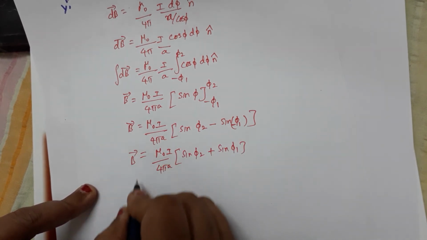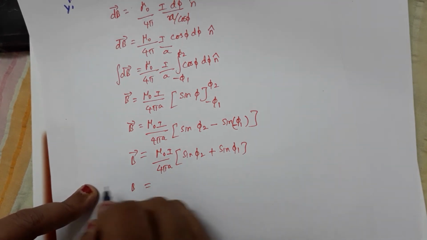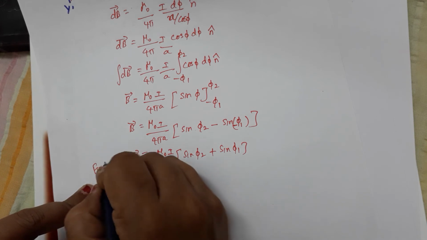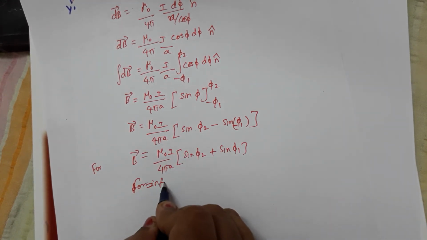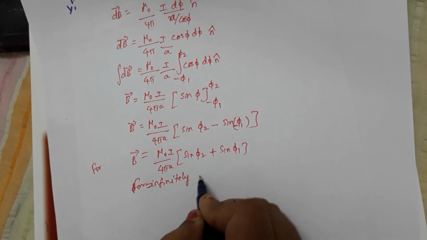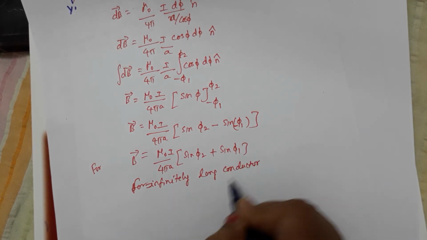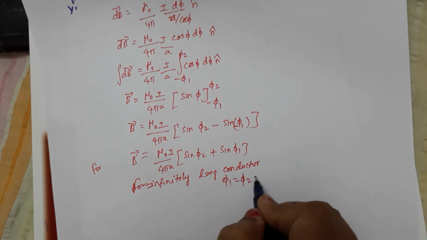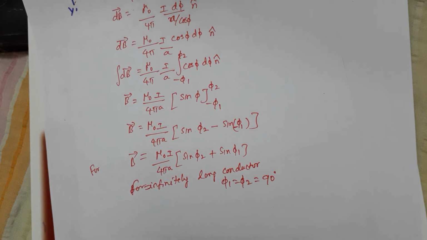B vector. So that is equal to, for an infinitely long conductor, you can take the phi 1 value and phi 2 value as 90 degrees. How is it?